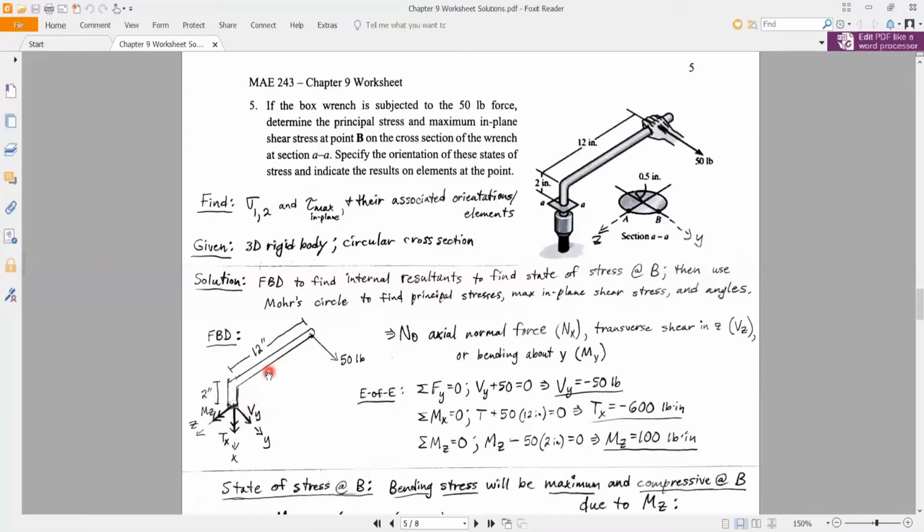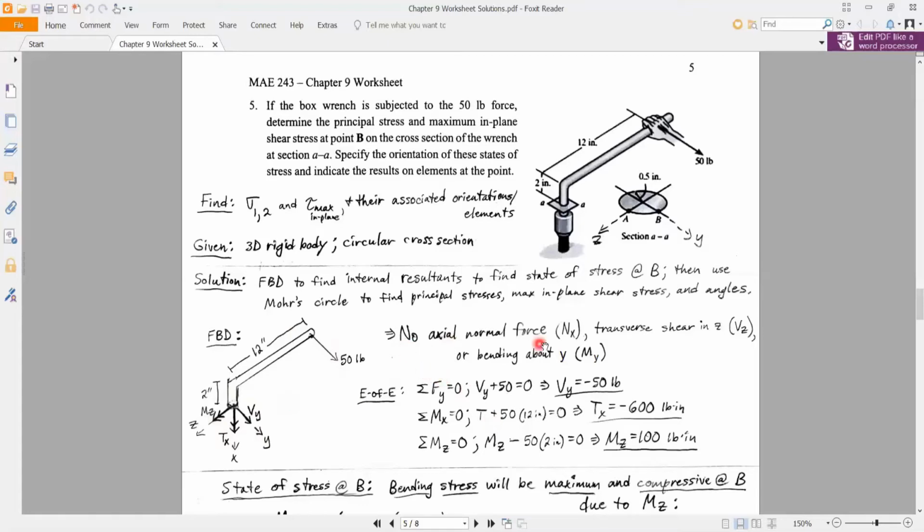So our statics part, our free body diagram here: this 50-pound force is going to cause 3 different resultant reactions here at our cross-section, out of our 6 possible reactions, right? We have 3 potential reaction forces, 1 in each direction, and then 3 potential moment reactions, 1 about each axis.